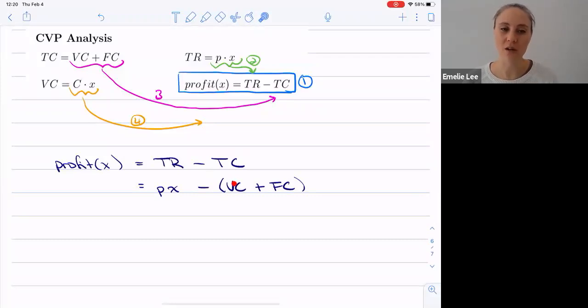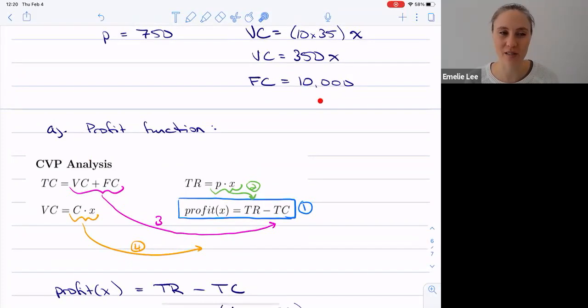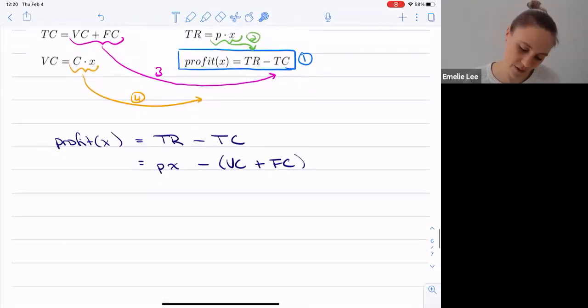This is a really, really common mistake that I see, is you forget to put the brackets around or expand the negative in. And then you end up adding your fixed cost to your profit. In this case, you'd be adding $10,000 to your profits that you're calculating, which would be very wrong, right? You paid that, you didn't get that.